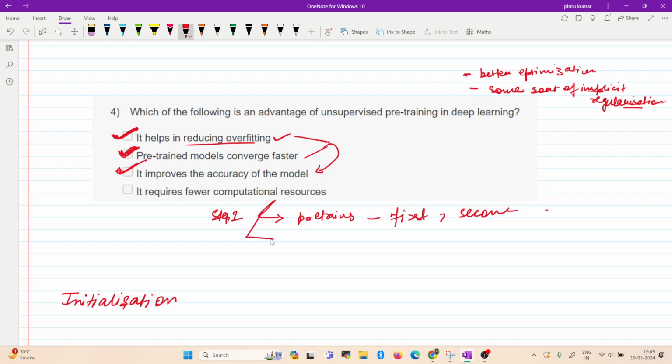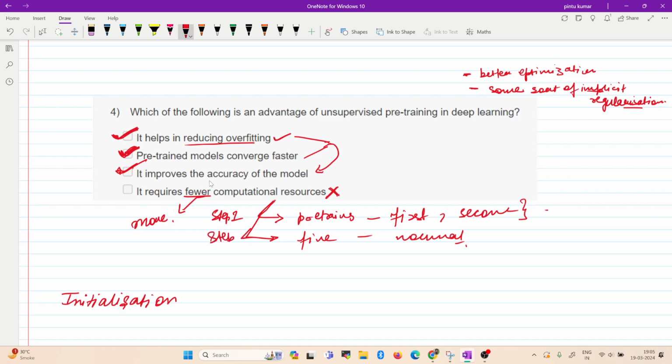Step two is fine tuning or your normal training. So it is not computationally cheaper, but computationally much more expensive than normal initialization, because you have to train a model even for initializing your weights. So it does not require fewer computational resources. In fact, it requires more. So the last option is not correct.